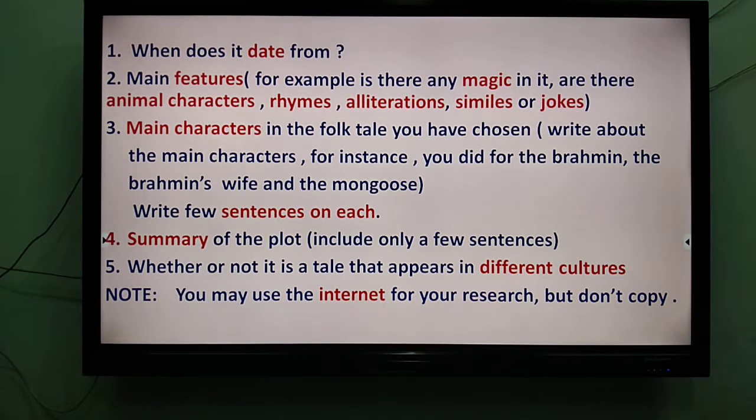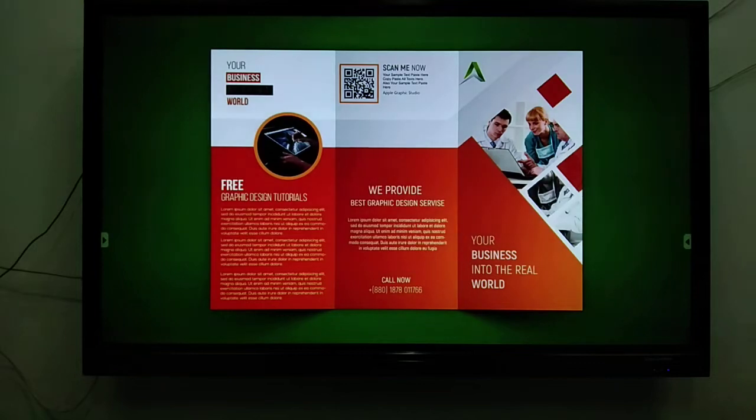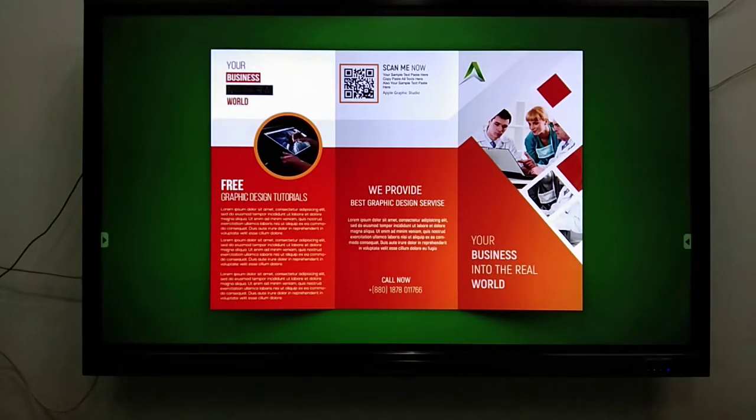Now, why are we trying to do it in small sentences? Because we will make flyers later on like this. And on the flyers, you may not be able to put too much information. So just select a few sentences, a small paragraph, and then like you have in a circular image here, you can also have some pictures.